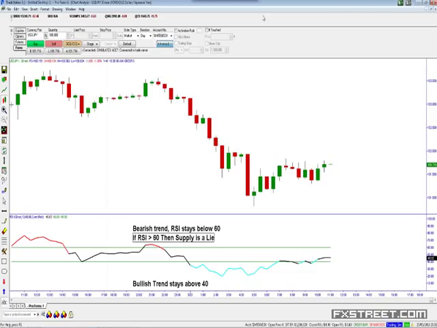That's my little saying there. Well, if we're in a bullish trend, RSI should stay above 40. If RSI is below 40 on a bullish trend when I'm at demand, then demand will not stand.